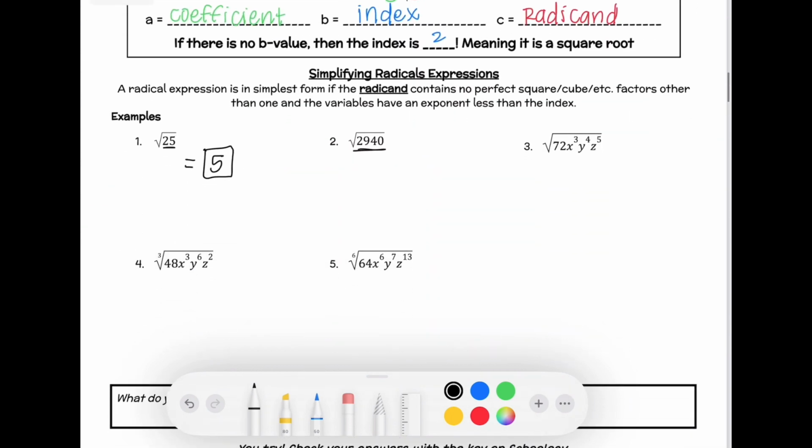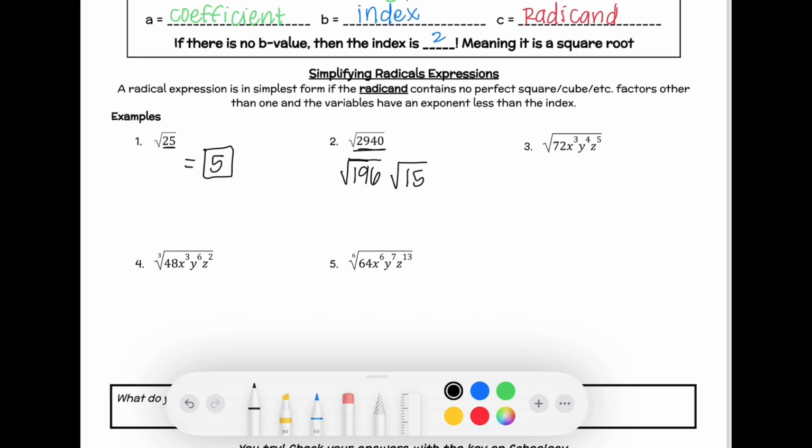But if we did try 196, that would work. So if we do 2940 divided by 196, that would give us 15. So if we go ahead and split this up where we have the square root of 196, and then we have the square root of 15, the number that's left, because we can multiply 196 and 15 and get back to 2940.